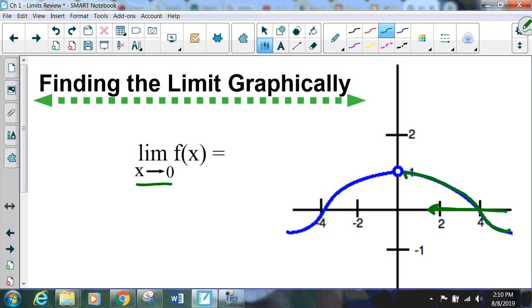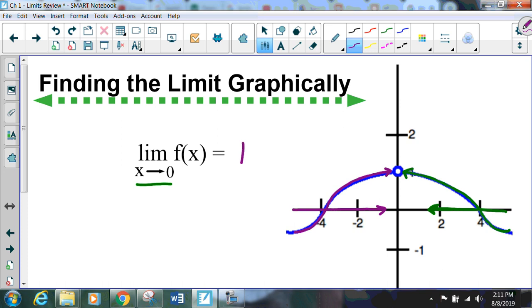It is approaching 1. And then if we look at this graph from the left, as x is approaching 0 from the left, what's the height of the graph doing? Well, the height of the graph, which corresponds with the y value, is also approaching 1. So the limit of this function as x is approaching 0 is 1.